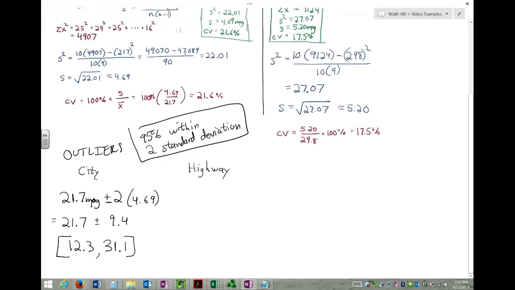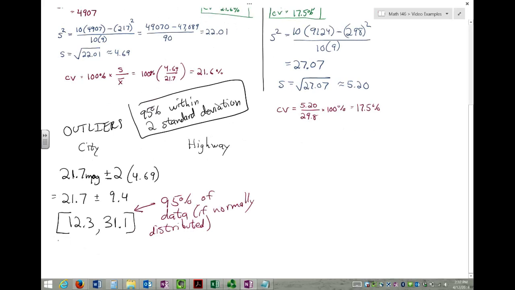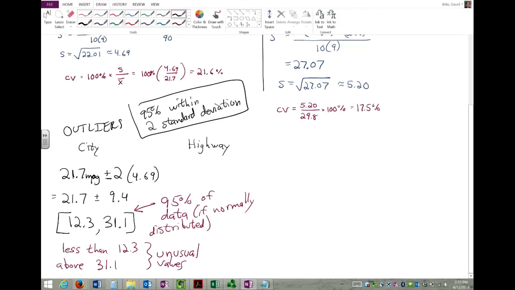So 95% of the data, if normally distributed, would be within that interval of values, and therefore anything less than 12.3 or above 31.1, anything outside of that range, would be considered unusual values. And we'll do the same thing for the highway.